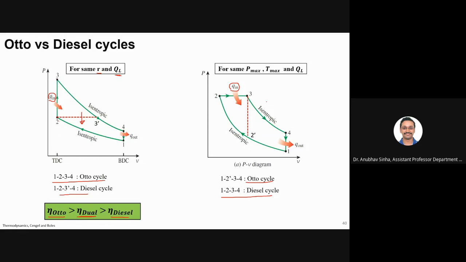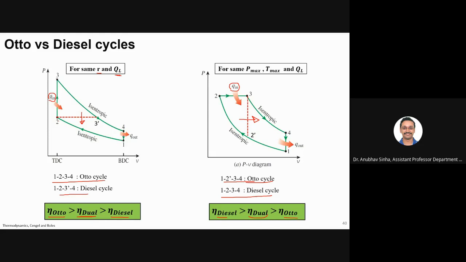Now for Otto cycle, we have constant volume heat addition, this one. So this is your Otto cycle. Now which will have more work done or higher efficiency? Diesel. So if you fix Pmax and Tmax, we'll have higher efficiency for diesel and lower efficiency for Otto, and dual is again in between.